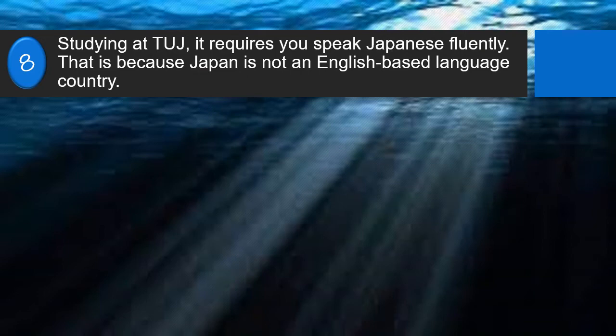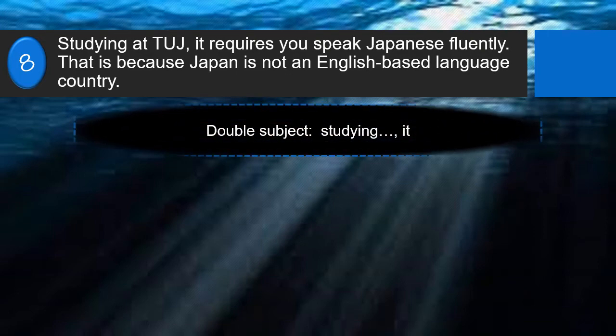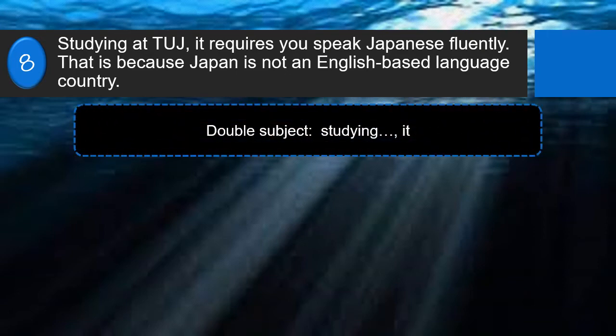Number 8. Studying at TUJ, it requires you to speak Japanese fluently. That is because Japan is not an English-based language country. I know what you mean, but we can definitely make this a little smoother, a little more natural. First, we have a double subject. Studying at TUJ, it requires. Very common error.